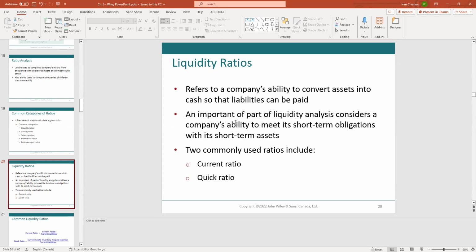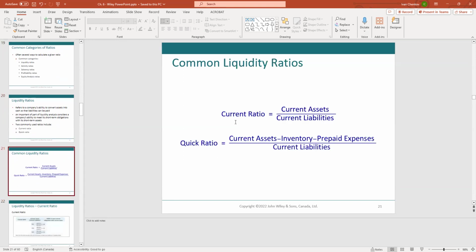What they measure is the ability of the company to pay short-term liability with the short-term assets. First ratio, current ratio, it will be current assets divided by current liability. So the current ratio has to trigger you to the point to get the current assets and current liability.